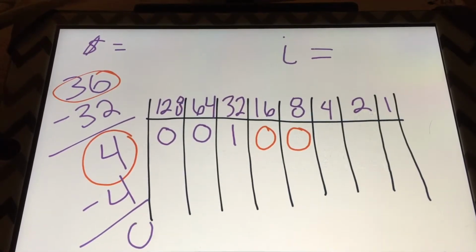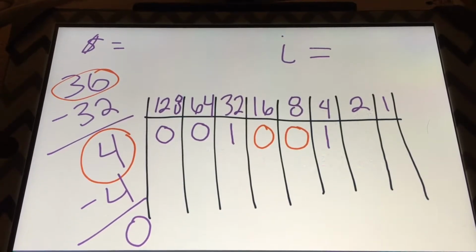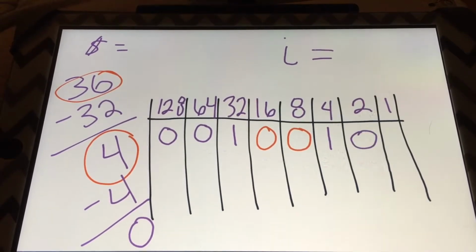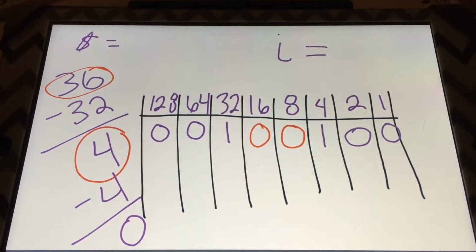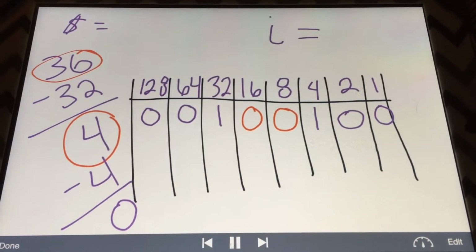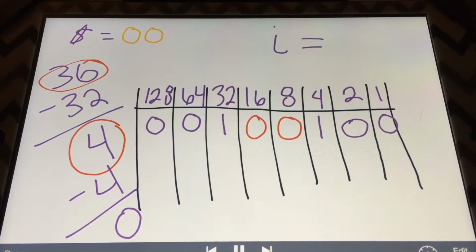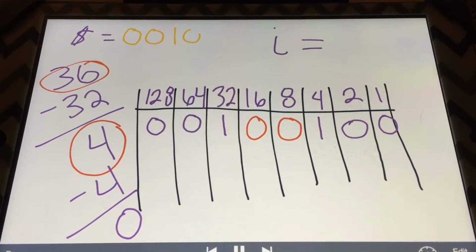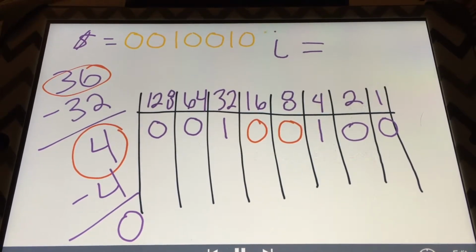Yes, we get 0. So we put a 1. What about 2? Nope. Same goes for 1. So, in binary, the dollar symbol equals 0, 0, 1, 0, 0, 1, 0, 0.